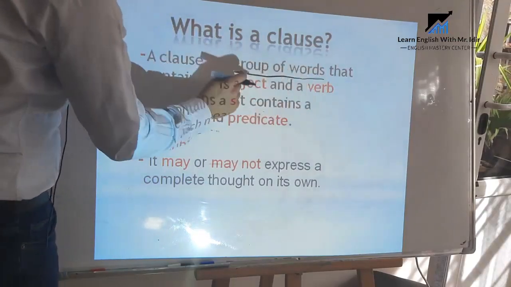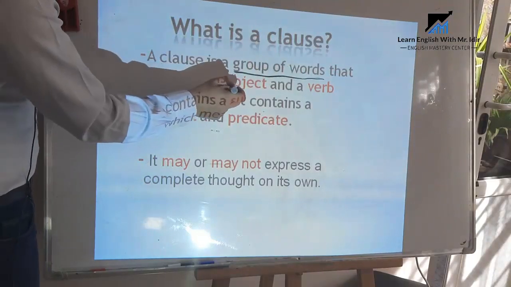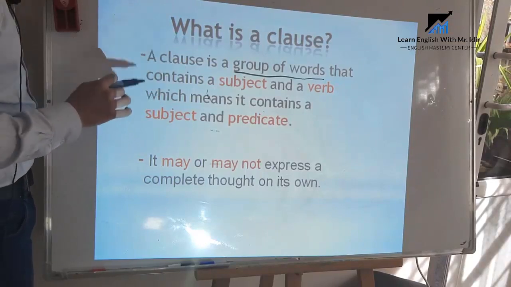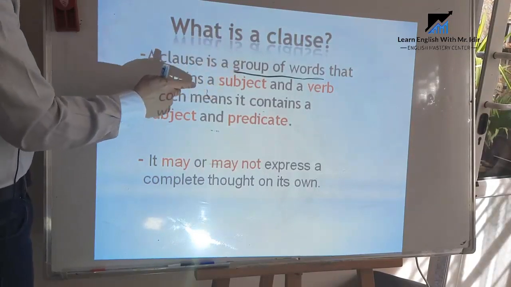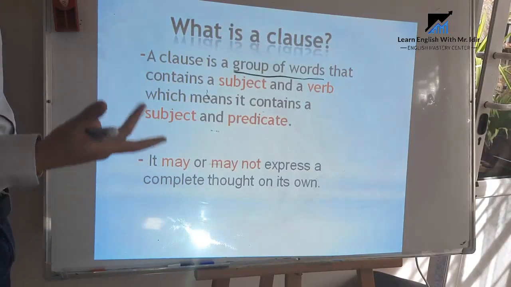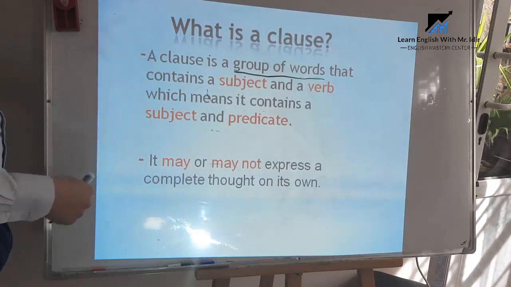A sentence is also a group of words that contains a subject and a verb. It is the same as in the sentence. So we have a group of words that contains a subject and a verb. You may ask yourself, so what is the difference between the sentence and a clause? Okay, let's read more.